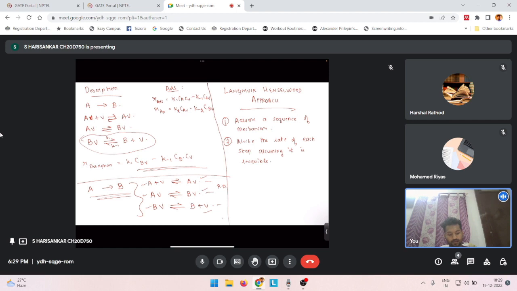And R desorption will be k3 C_BV minus k minus 3 C_B C_V. So you can write these three rates of reactions based on these three elementary steps that you assume. That is step number 2. And step number 3 is to assume one of these steps to be rate determining.